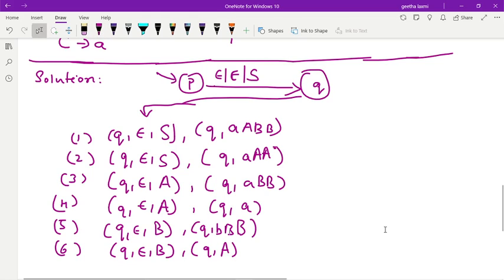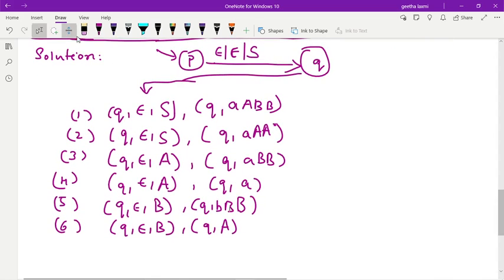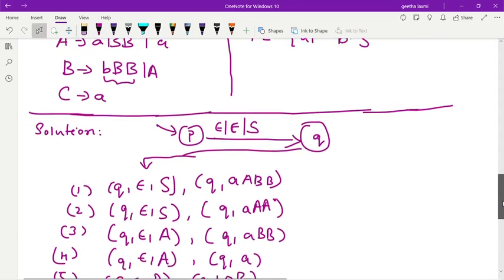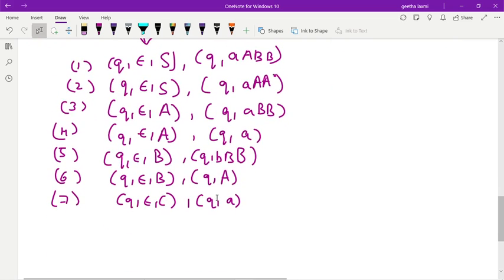The last rule was C gives A. So let me write that as the seventh rule: q comma epsilon comma C gives q comma A. Okay, so this was the last rule, C gives A.